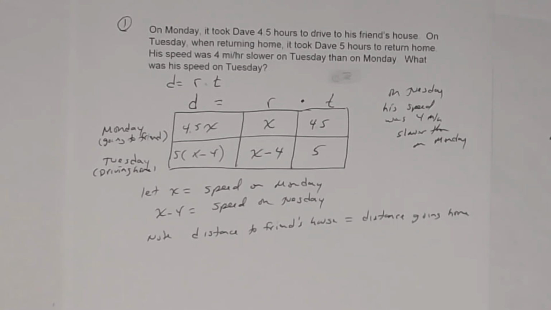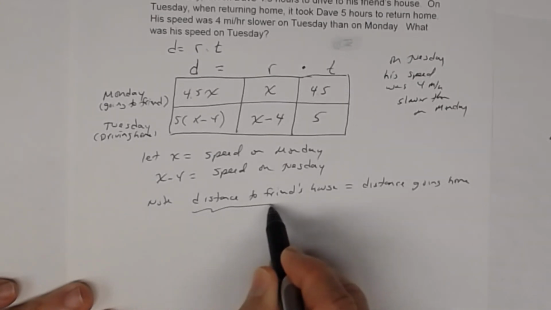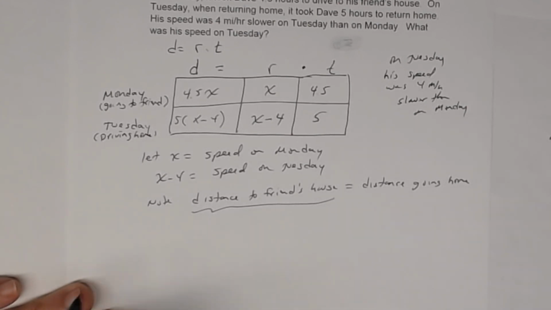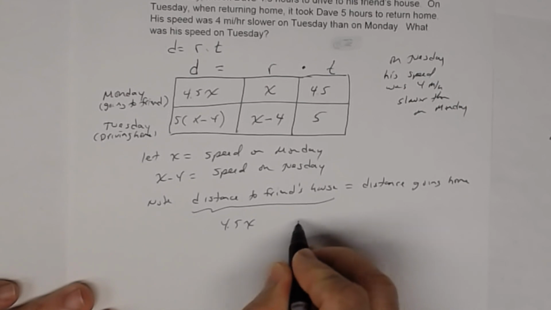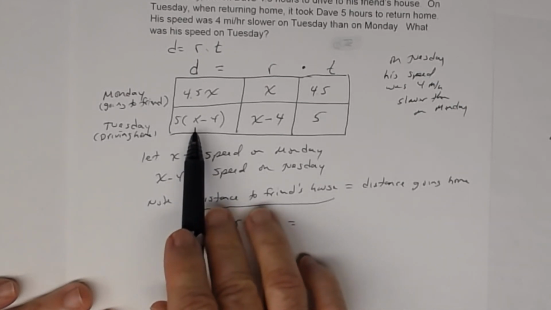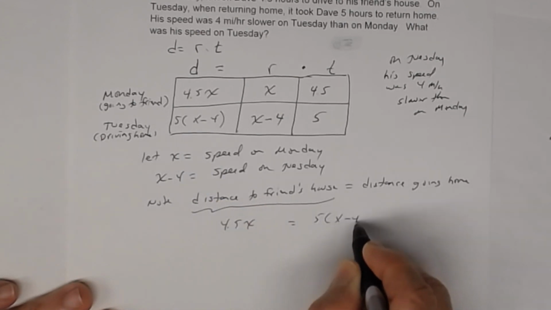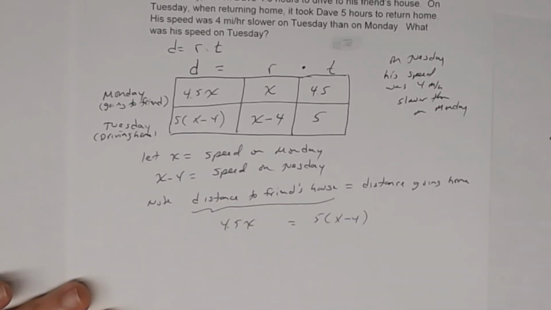We're assuming that in this situation. Okay, so let's set up the equation. So what is the distance going to his friend's house? It is represented as 4.5x. Equal. What is the distance going home? Well, it's expressed as 5 times x minus 4. And so there's the equation.